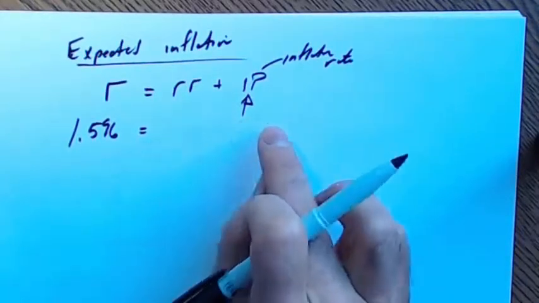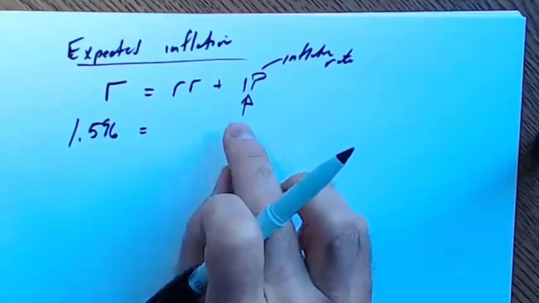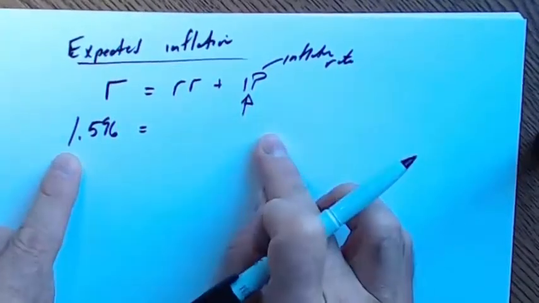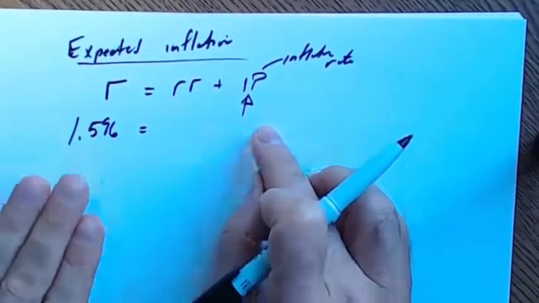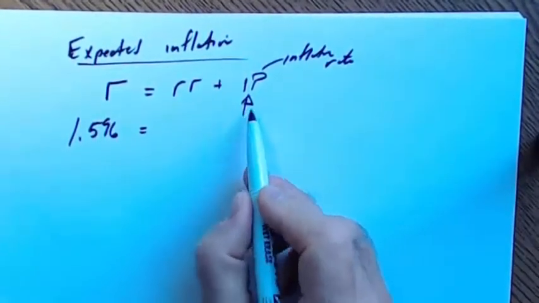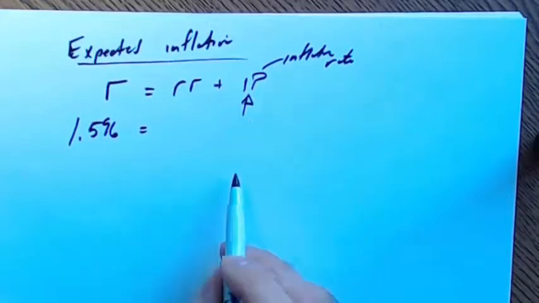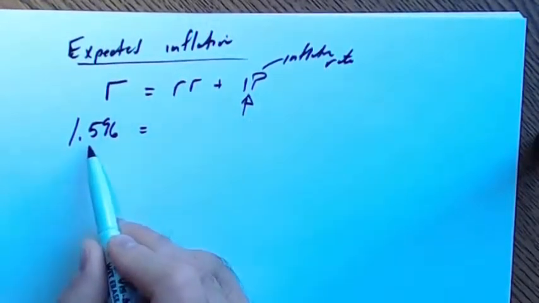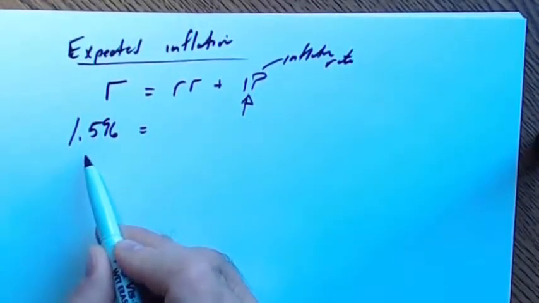That would be pretty poor. So this relationship is all tied together. The higher the inflation rate expectations, the higher the nominal rate. So this inflation rate should be kind of low, given that we only have a nominal rate of 1.6%.